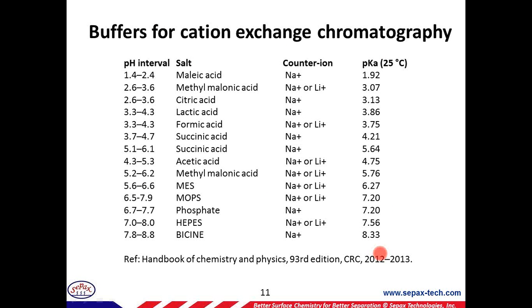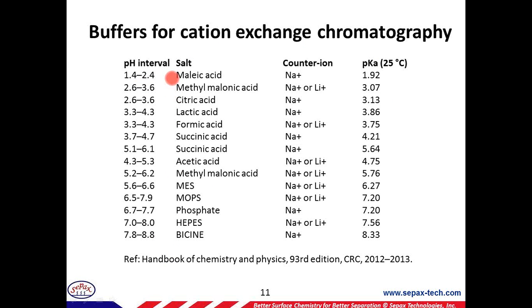Buffers for cation exchange chromatography. Here are the recommended buffers for the separation. Because the ionic interaction between the samples and the resin functional groups depends on the pH, maintaining the pH when you're using the salt gradient is very important. Here we have a wide range: you can go as low as 1.4 and as high as 8.8.